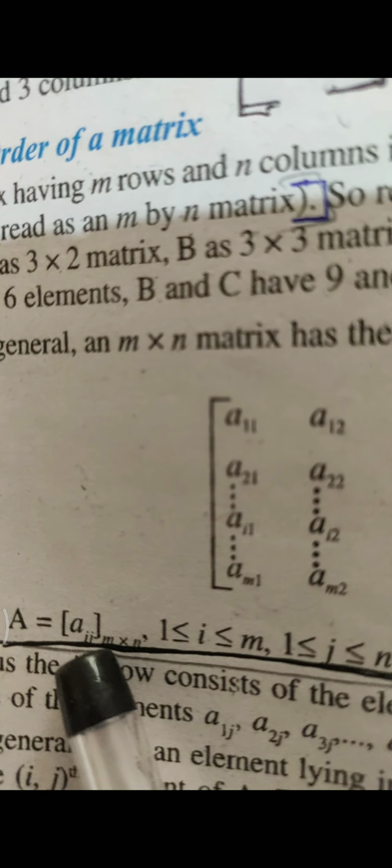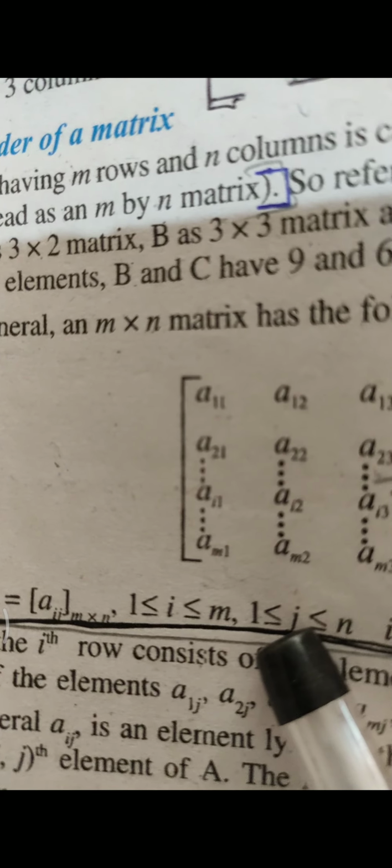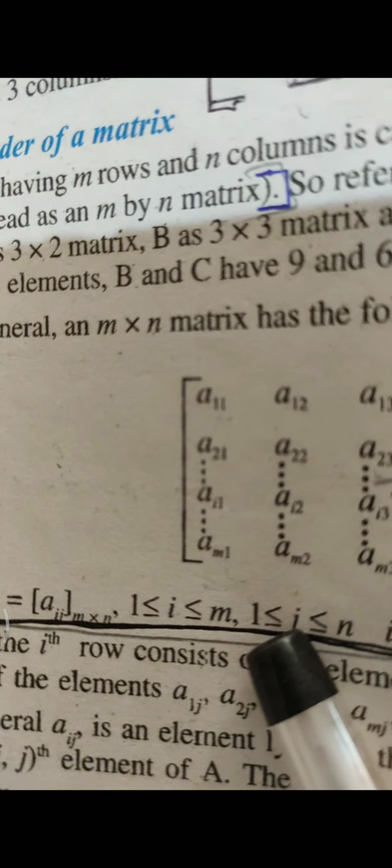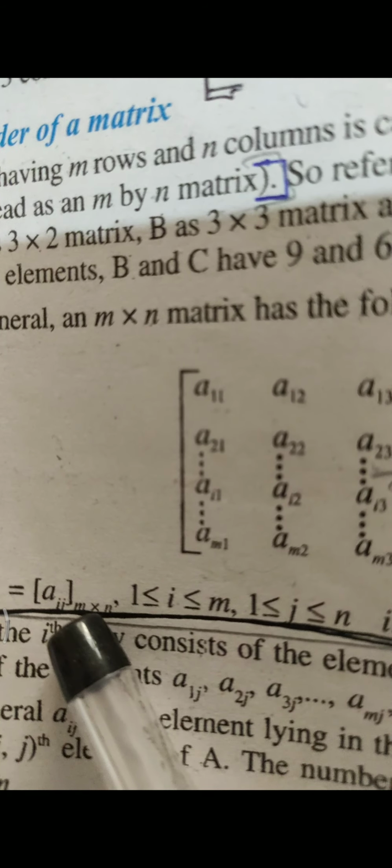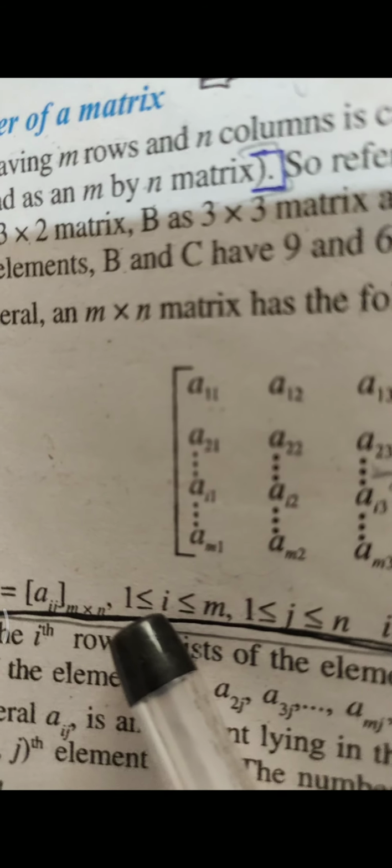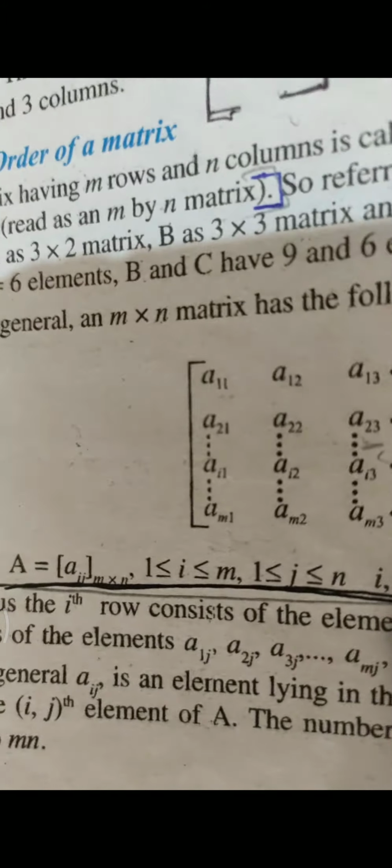The value of i, that is the position of the row, is always greater than or equal to 1 and less than or equal to m, because the maximum number of rows possible is m, and it always starts from 1. In the same way, column j is greater than or equal to 1 and less than or equal to n.